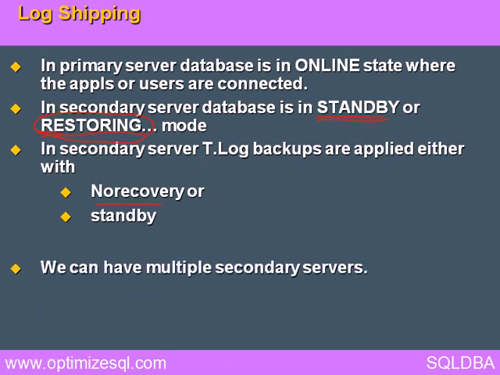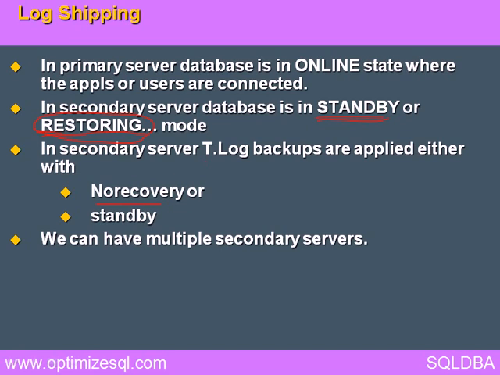We can have multiple secondary servers also: minimum one secondary server, and if we want, multiple secondary servers, which is optional. The advantages are offloading report activity, meaning reports can be generated from a separate standby box, while manipulations we allow in the production server.